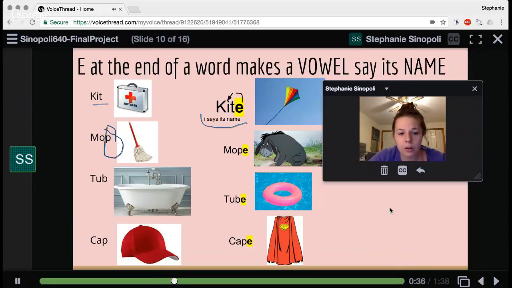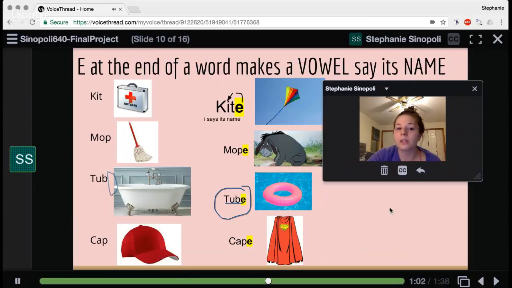Mop. Can you try and read this one? Remember the E makes the O say his name, so mope. Mope, right, Karen, good. Your turn. Tub, good. And this one? Tube. It looks like a tube. Good, Karen. And why is it tube?